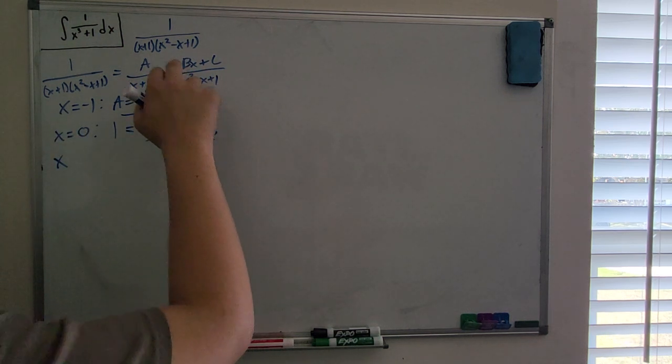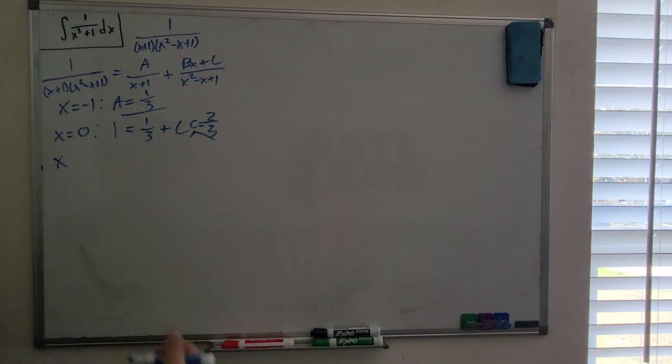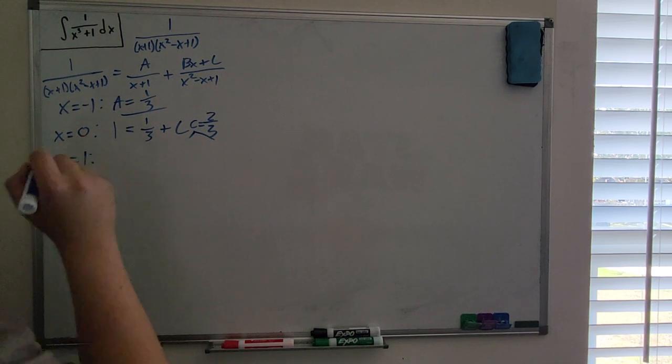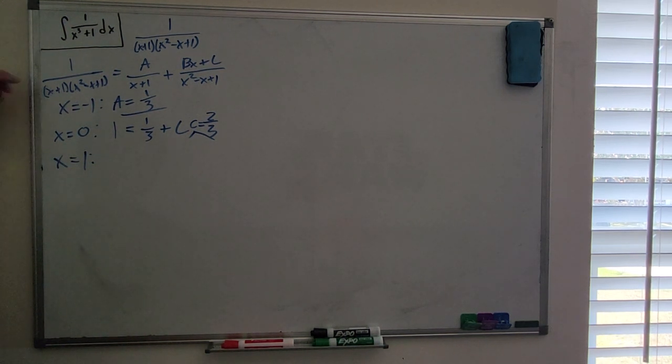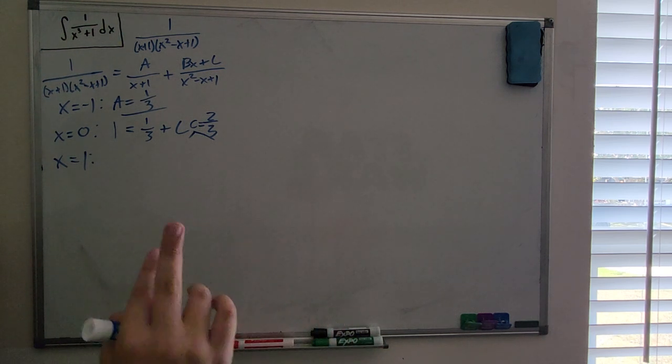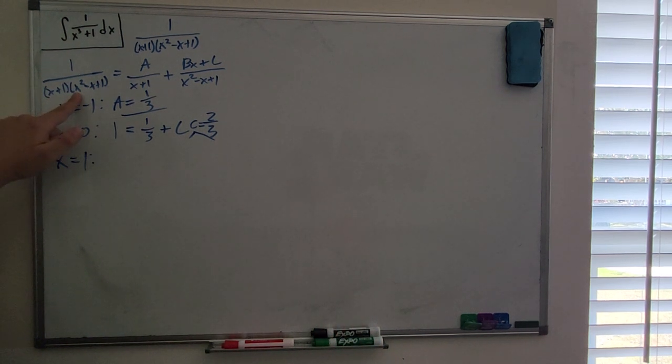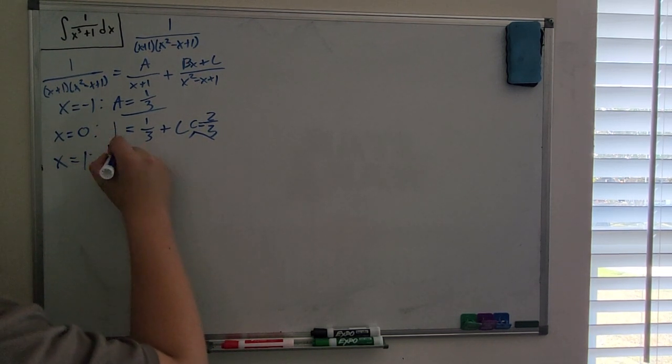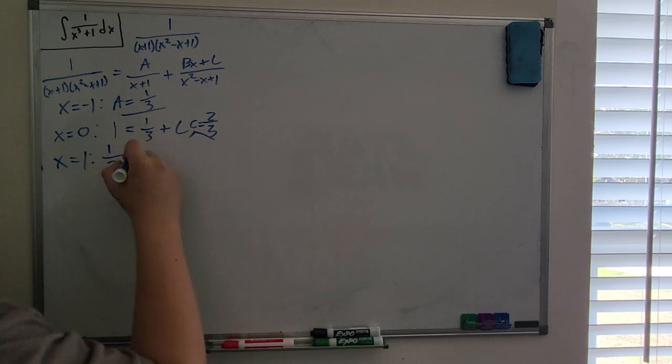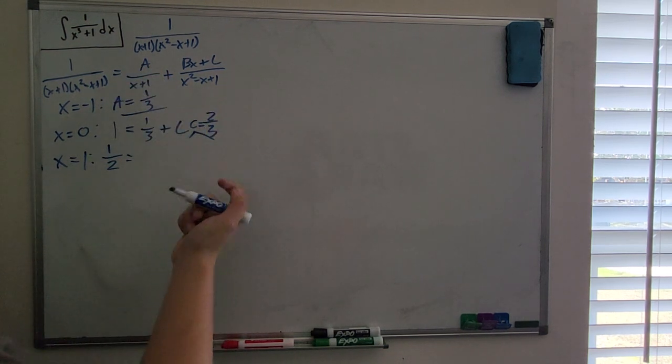Okay, now let's get B. To isolate B, we just have to make x equal to 1, right? Which is simple. 1 plus 1 is, believe it or not, 2. And then 1 squared, so that'll be 1 minus 1, which will just be plus 1. So it doesn't really matter, it's just going to be 1/2, equals... 1 plus 1 is also 2.